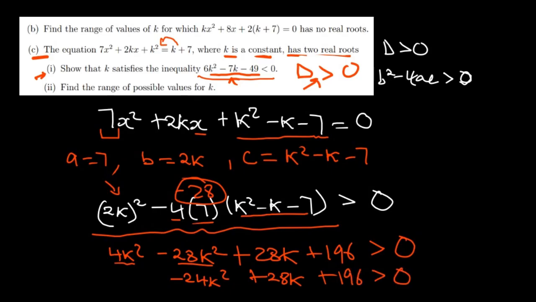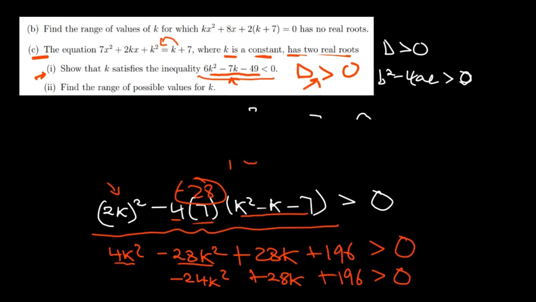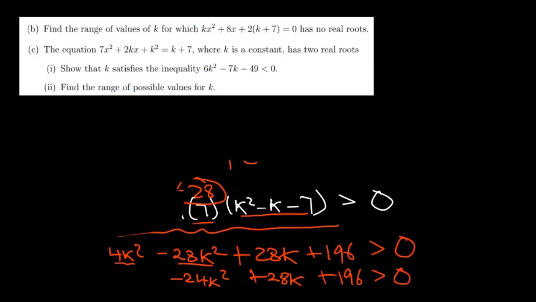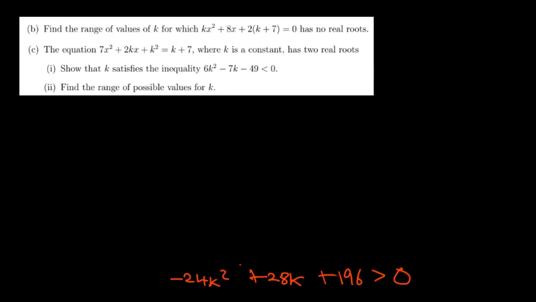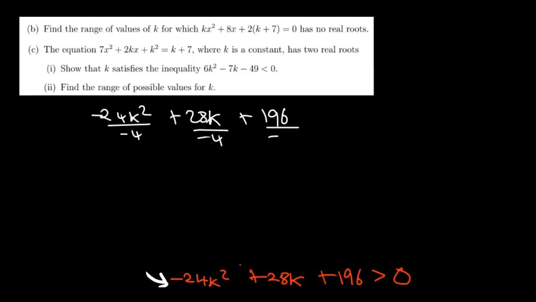Now we divide throughout by minus 4. No wonder I picked minus 4, since it goes into all these numbers. Minus 24k squared divided by minus 4 gives 6k squared, plus 28k divided by minus 4 gives minus 7k, and plus 196 divided by minus 4 gives minus 49.